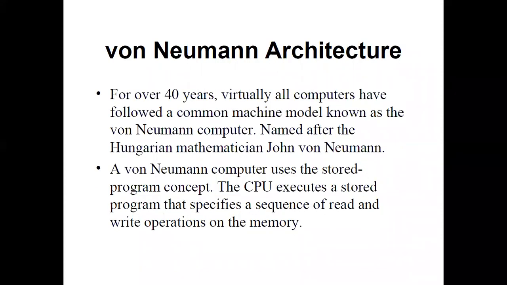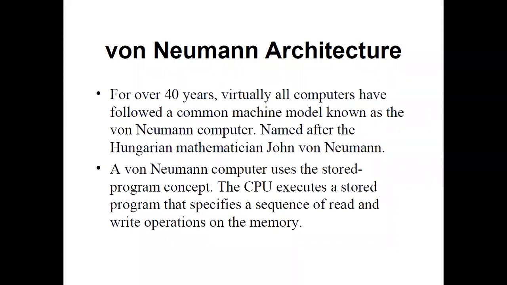Our today's focus is on von Neumann architecture. If you remember, in our institute also we have a John von Neumann hall. He is a Hungarian mathematician, John von Neumann, and he has given the common machine model known as the von Neumann computer.